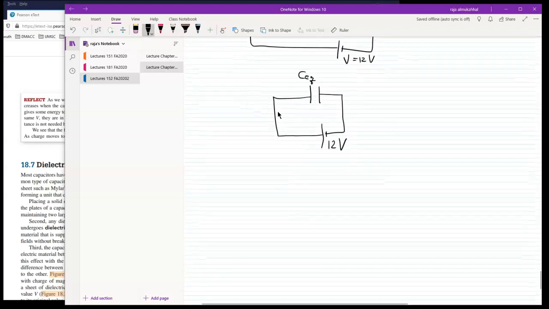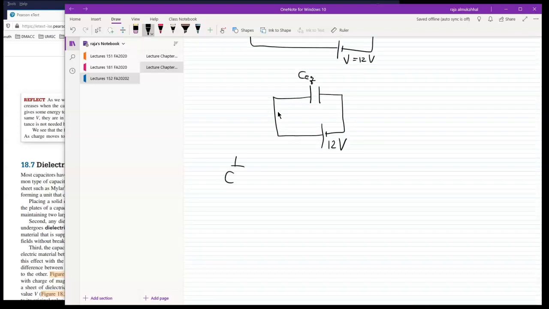So 1 over C equivalent is equal to 1 over C1 plus 1 over C2 plus 1 over C3. So in my case, 1 over 1, I'll worry about the mu later because you're going to get the same thing, plus 1 over 2 plus 1 over 3. Now you can use a calculator. 1 plus a half is 3 halves, plus 1/3.